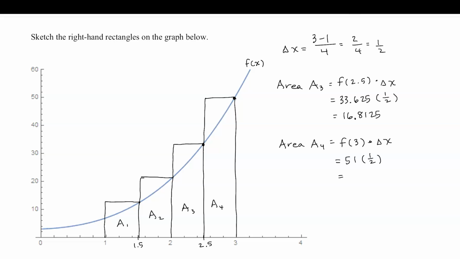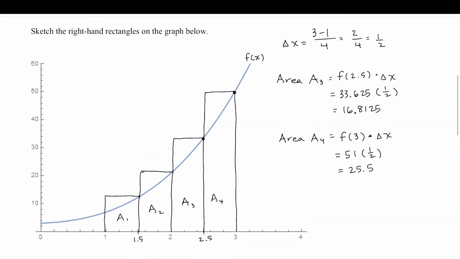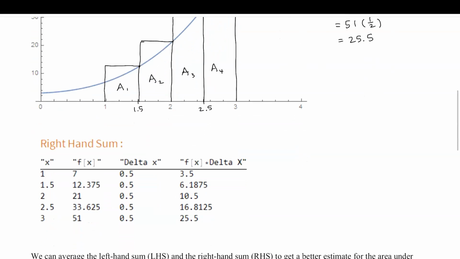And in this case, f of 3 is 51 times 1/2, or 0.5 if you prefer, and that gives 25.5 as area A4. So note to self, I guess I should have written that this is height times width once again.